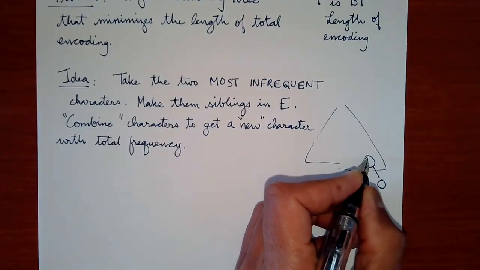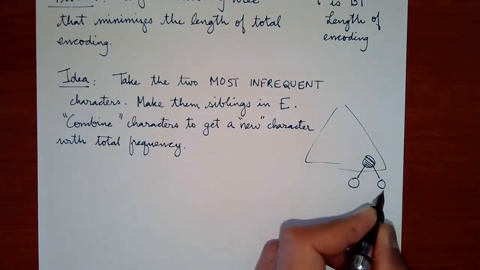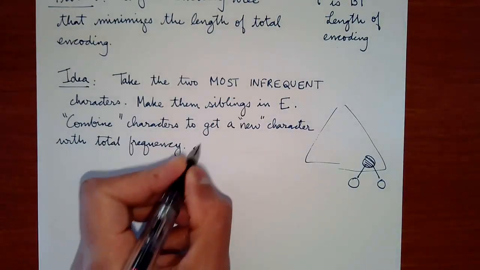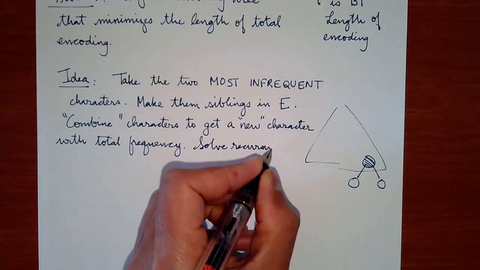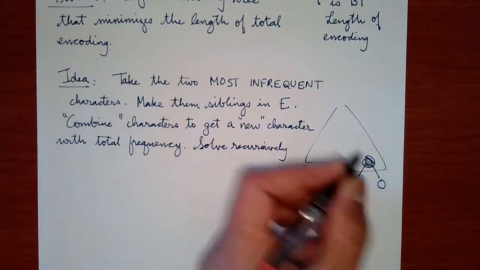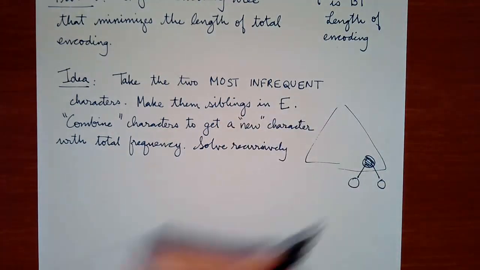So we imagine that there is a new character here which has the total frequency of these two, and then we just solve recursively.